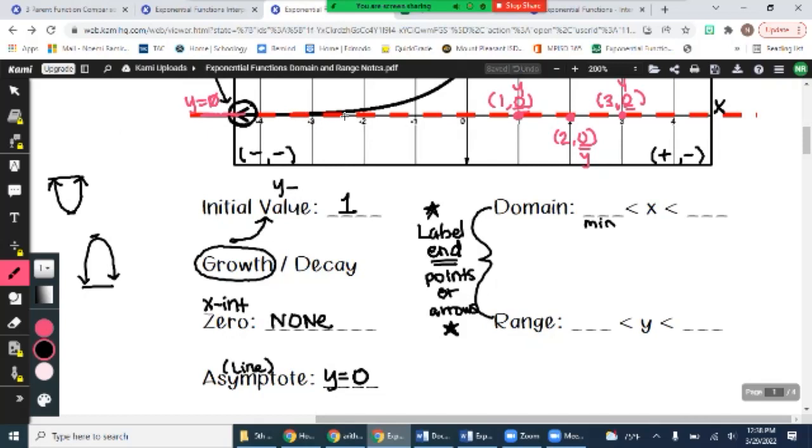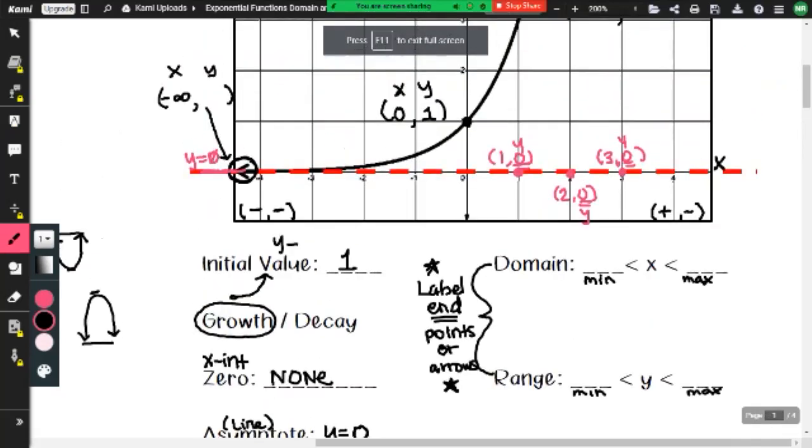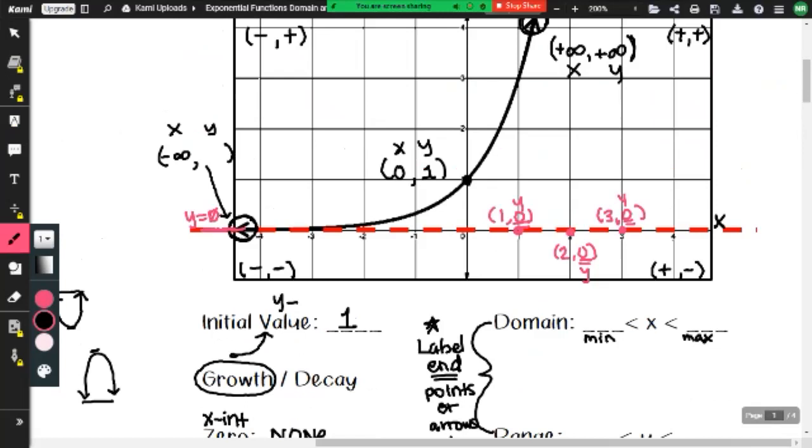Always, always label your minimum and maximum, or always write minimum and maximum under your domain and range blanks. A lot of us don't write these in, and that's where we see a lot of mistakes. So only looking at the x values for the domain, which one is my minimum, my lowest number?